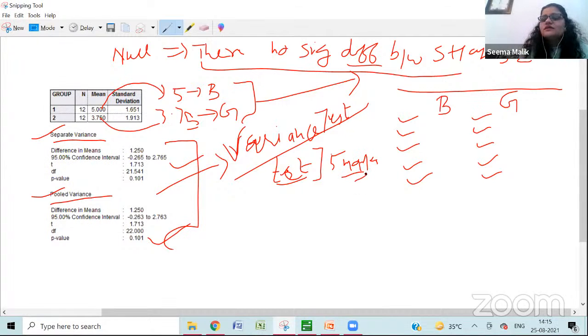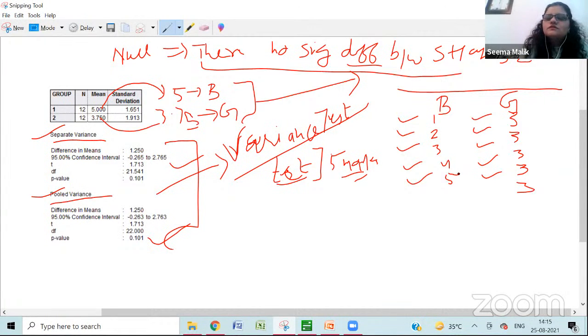All the girls have scored 3, and the boys have scored 1, 2, 3, 4, 5. Girls have scored 3, 3, 3, 3, 3.